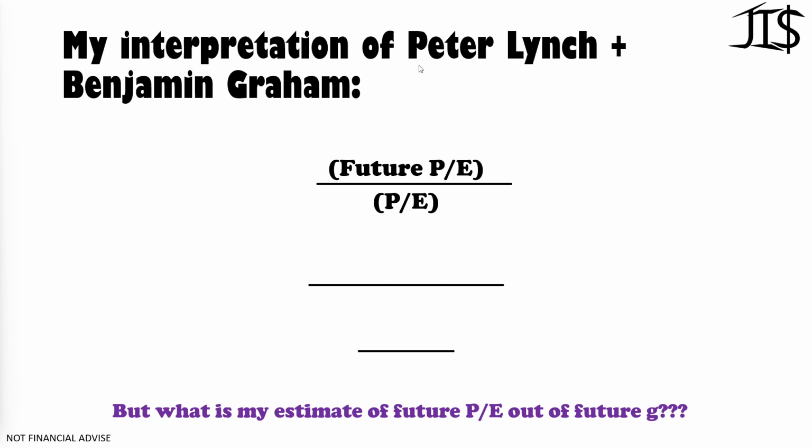When you start from the formula of Peter Lynch, my simplification of his formula is that you can take the future PE of the company divided by the current PE of the company, and then you can deduce whether or not the stock is buyable, yes or no. And the future PE of the company, when you use the old formula of Benjamin Graham, you can change out by 8.5 plus 2 times G, and G is the future growth rate of the company.